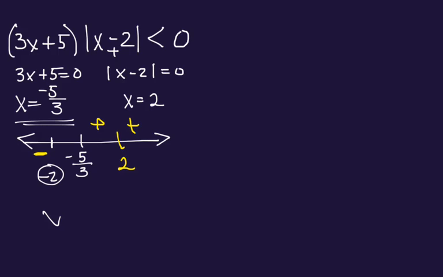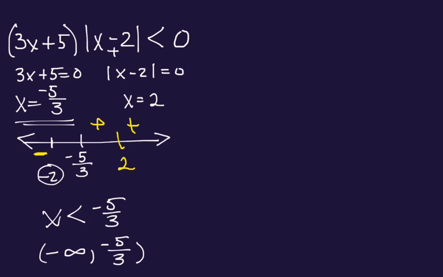And so you end up with this result. X would have to be less than negative 5/3. How would we write that as an interval? Negative infinity to negative 5/3 with parentheses.